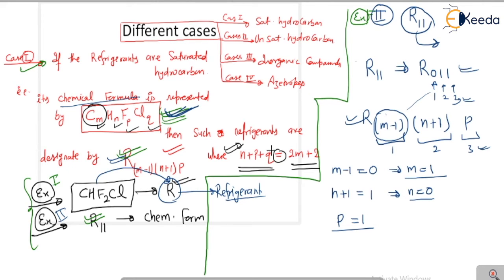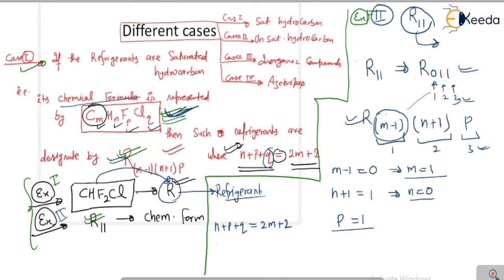Now we want to find this q value, because this q value is still unknown. Okay, so let's write this equation. N plus p plus q is equal to 2m plus 2, and let's put these all values in this equation.